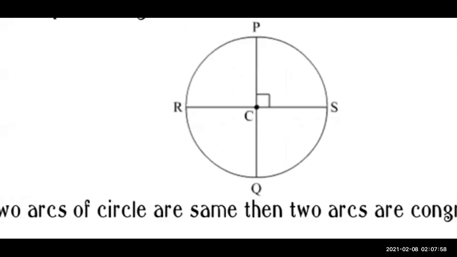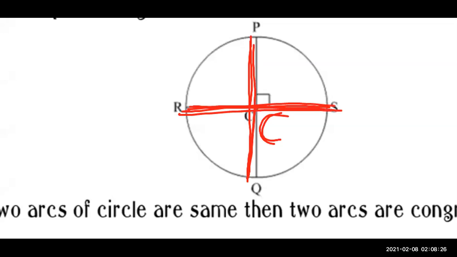Here what is given? The first diameter is PQ and the second diameter is RS, of the circle with center C. They are perpendicular to each other at the point C.